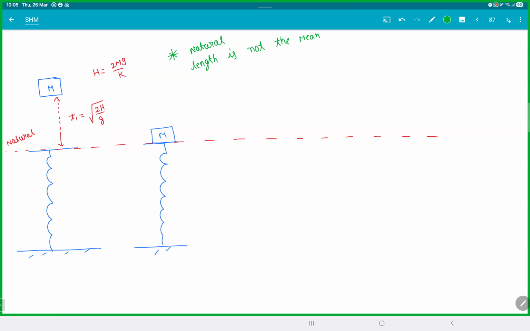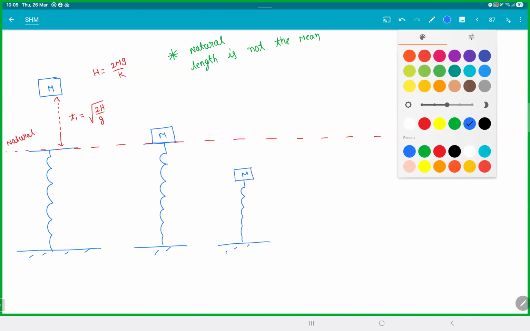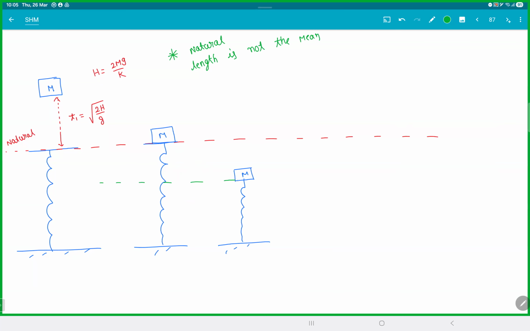So what most people will do, they think it is going from here to the extreme, and they'll think this is T by 4 and T by 4. You're getting the problem there? This block will go further down somewhere here. At this position, this is your mean position. And how much is this distance? X is equal to mg by k.